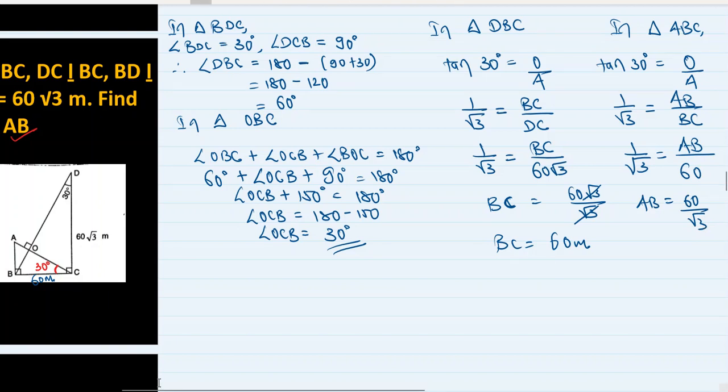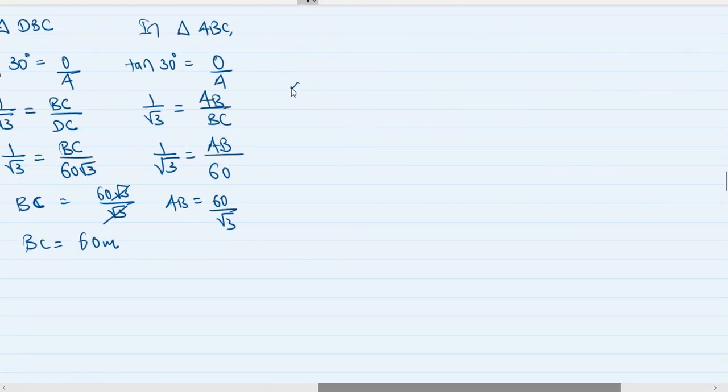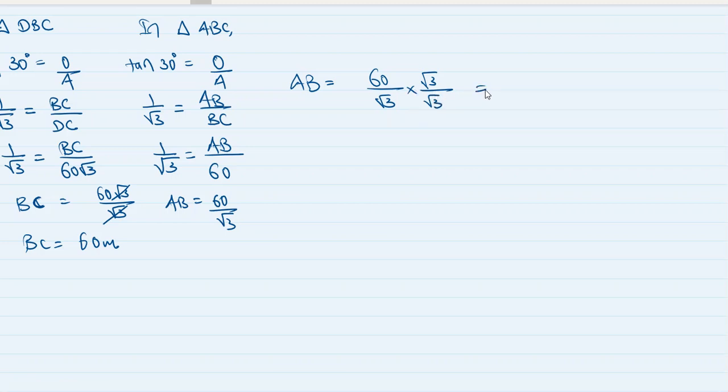Now let us simplify this. So AB is equal to 60 by root 3 times root 3 by root 3, rationalizing. So we get 60 root 3 by 3, which is 20 root 3, which is 34.64 meters.